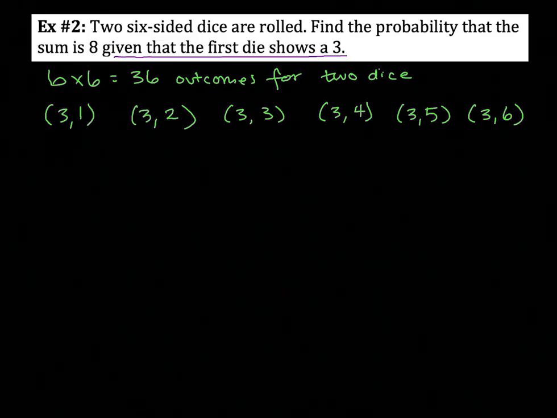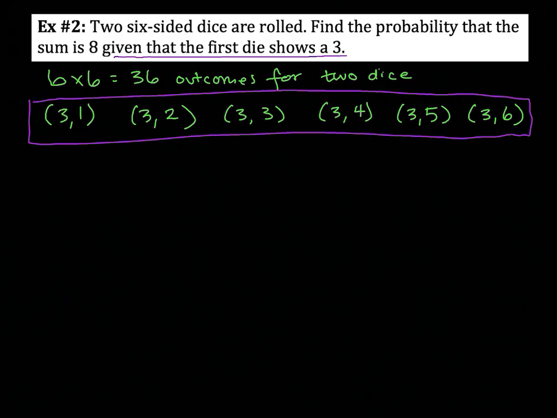If the first die is going to be a 3, then the second die can only be 1, 2, 3, 4, 5, or 6. So this is the world that we've reduced it to, from 36 outcomes to 6, because we're fixing the first die as 3.